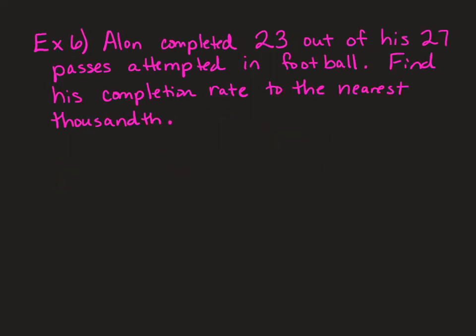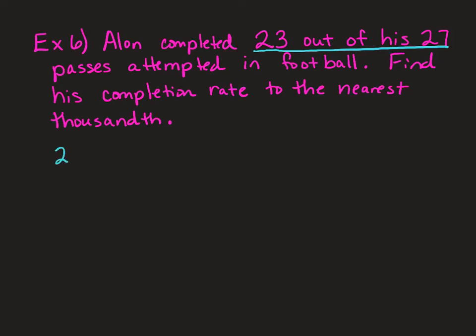Example 6. Alan completed 23 out of his 27 passes attempted in football. Find his completion rate to the nearest thousandth. So his completion rate would be the number he completed out of his passes attempted. So 23 completed out of 27 attempted.